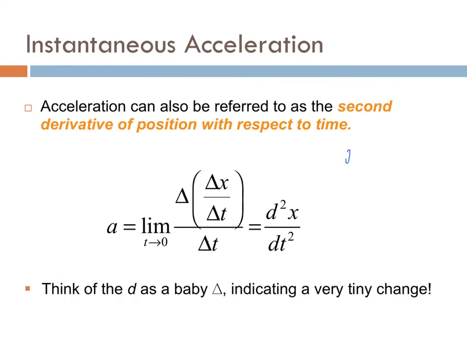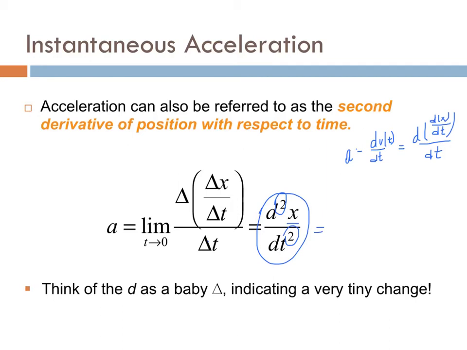If acceleration is the derivative of velocity with respect to time, and we know that the derivative of velocity, or I'm sorry, the derivative of position with respect to time is velocity, then the second derivative of position is acceleration.